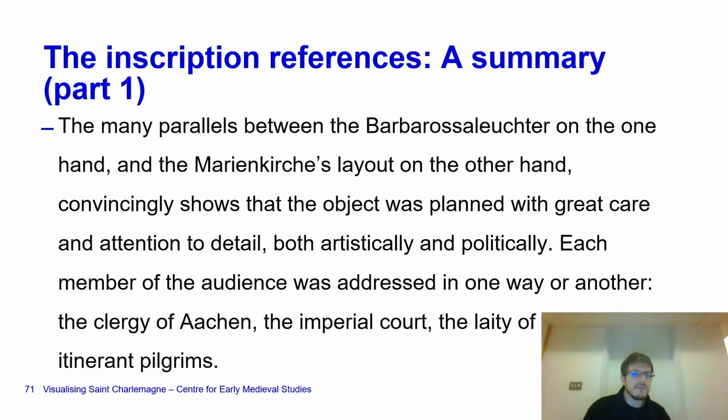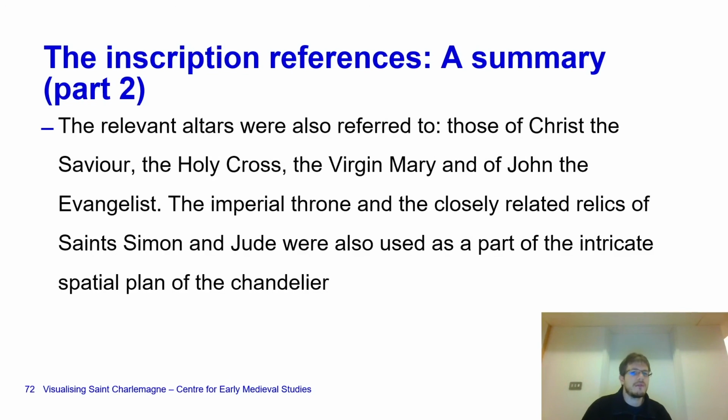So everybody was addressed. The relevant altars were also referred to: those of Christ the Saviour, the Holy Cross, which are apparently the same altar in different periods, the Virgin Mary, and John the Evangelist.